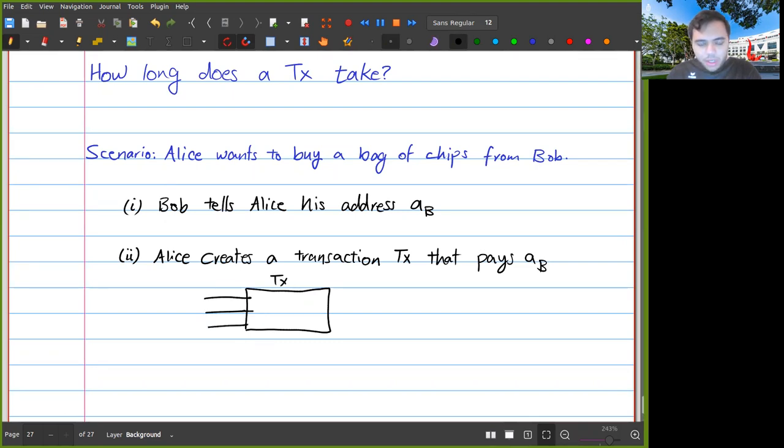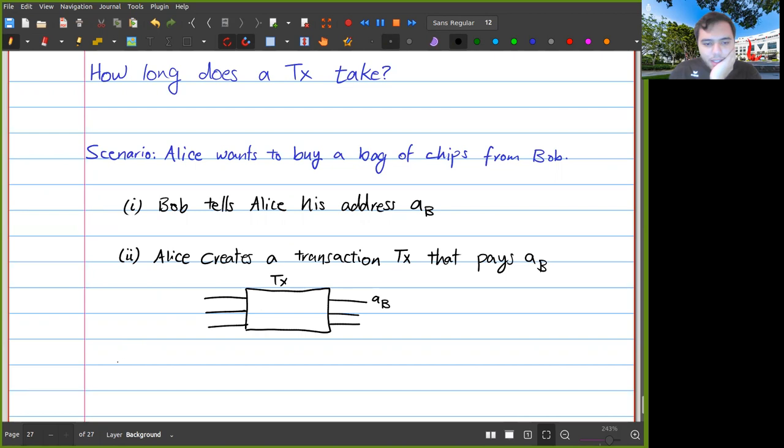These are probably coins that belong to Alice. And it also has a bunch of outputs. Maybe Alice is doing something else in this transaction as well. Maybe she's sending some of the money back to herself. But what we care about is that there is an output that is paying to this address of Bob. And of course, they also agree about the price, so it's paying the amount that Bob has asked.